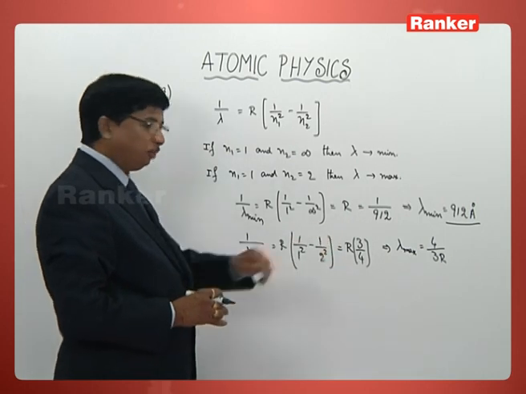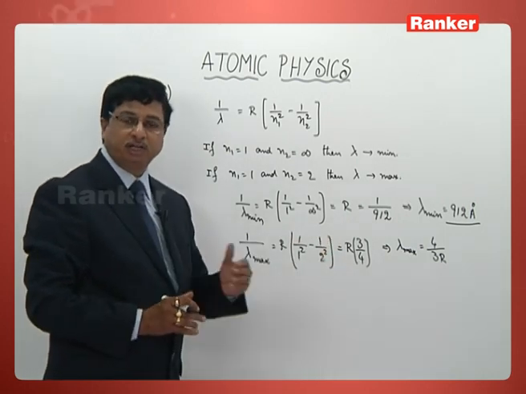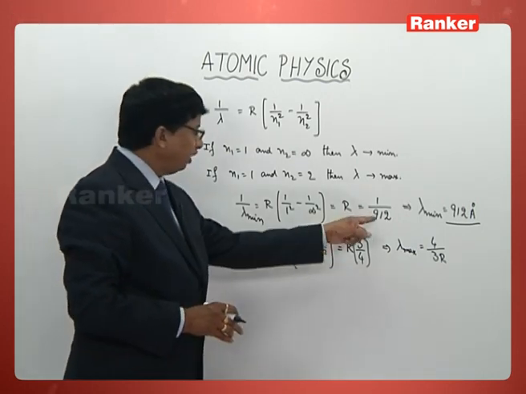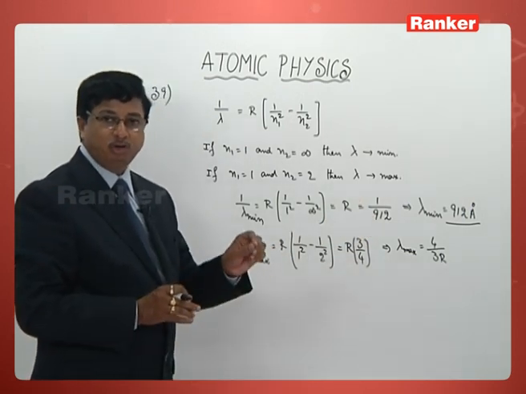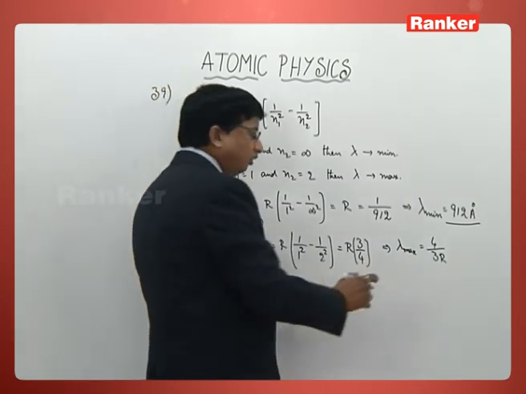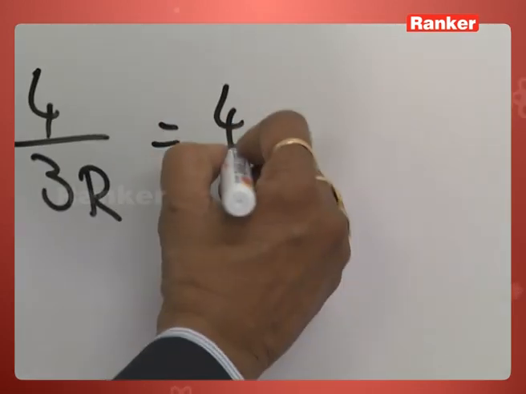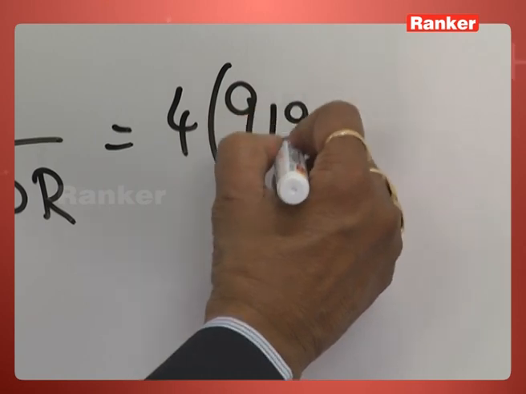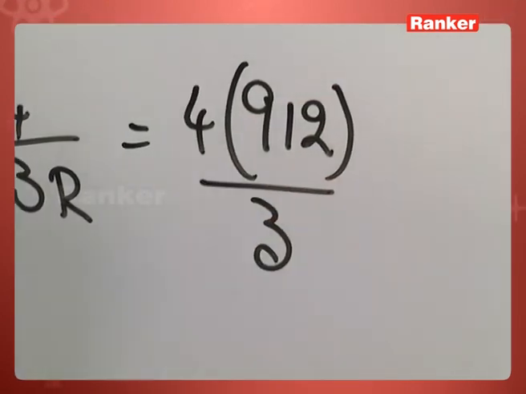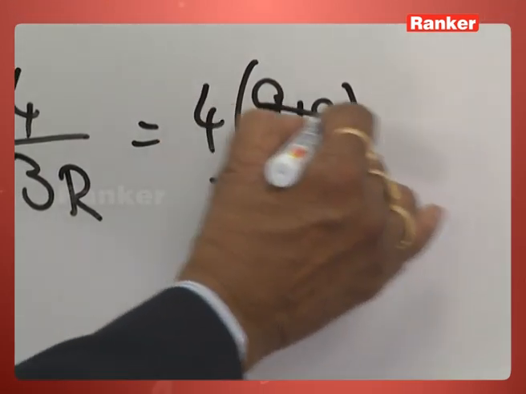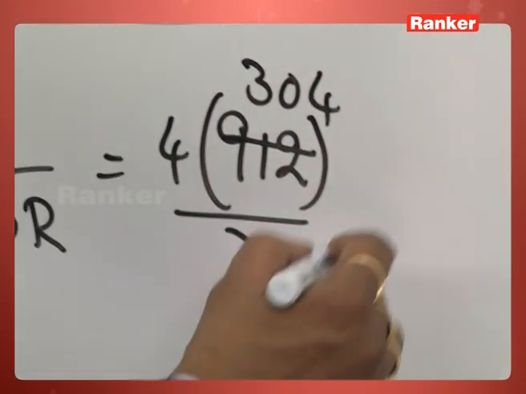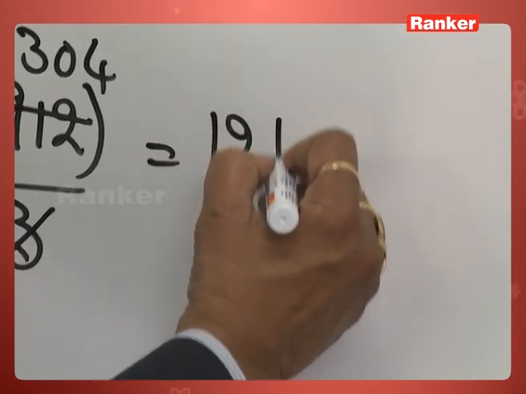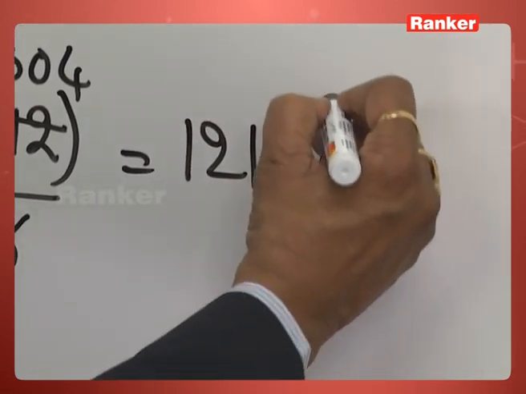Look at that equation thoroughly. 4 by 3R, fine. But what is R around? Nearby value, 1 by 912. So if you write that over here, 4 times 912 by 3. This 3 goes into 912, 304 times. So you will get 1216 angstroms.